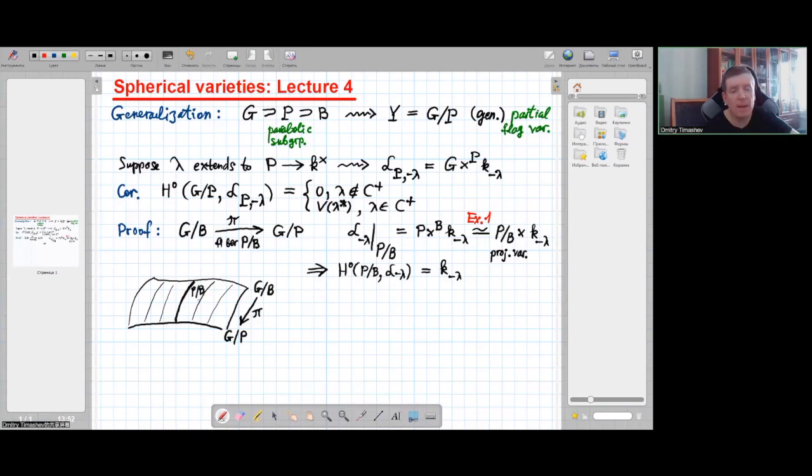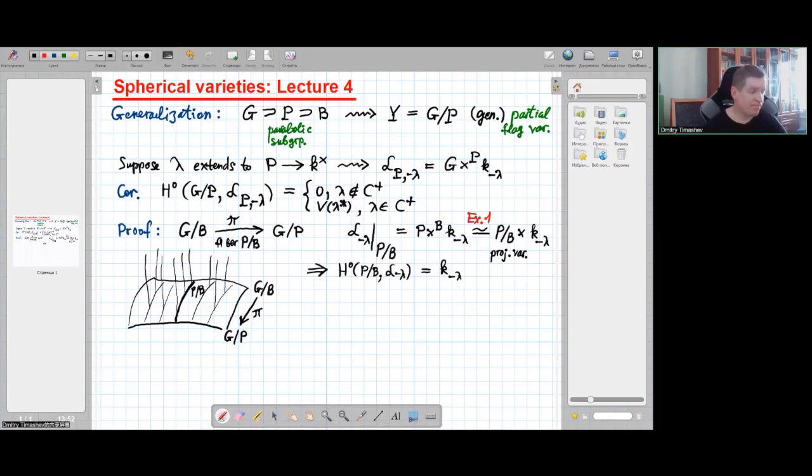And we have the line bundle over G mod B, the homogeneous line bundle induced by the character minus lambda. Let me draw the fibers of this line bundle. So these are the fibers of this line bundle at any point of G mod B, and also here, and here, everywhere.